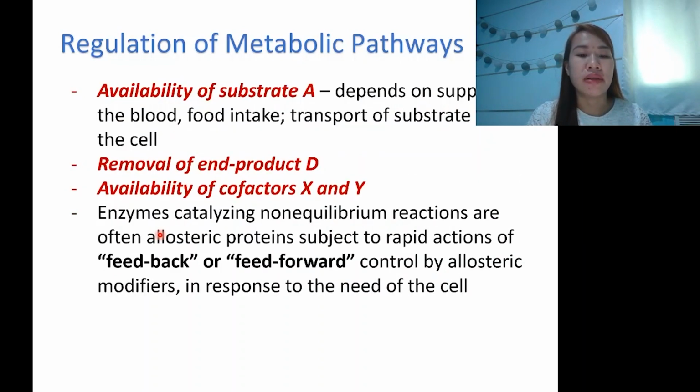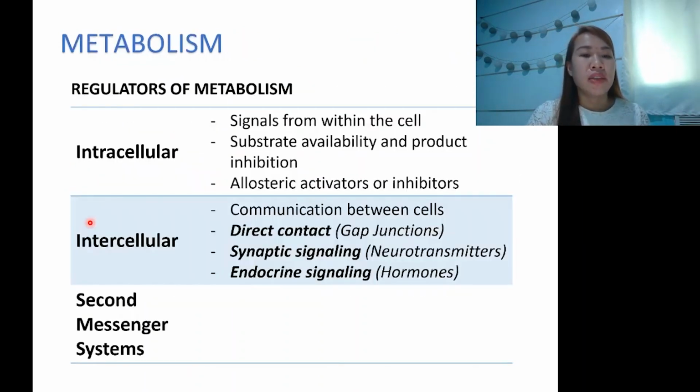control points rather. Okay, so having discussed the different types of metabolism, we now talk about the different regulators of metabolism. How is our metabolism being regulated? So we have here intracellular regulation, within the cell.